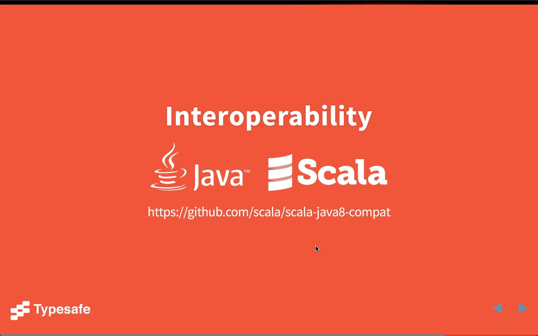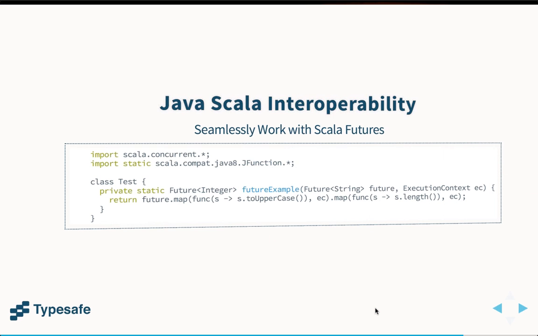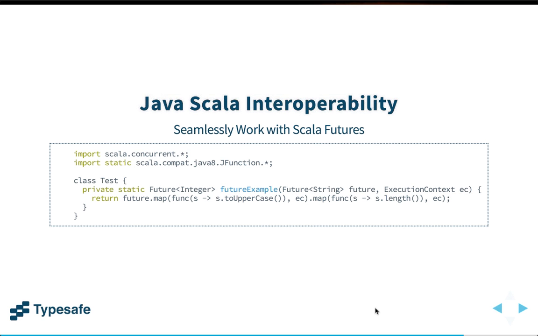I also want to briefly mention the interoperability package that's being worked on right now. It's specifically designed for the futures and completion stages in Java 8 and in Scala, because that's a big part of reactive applications, being able to leverage these. Right now you can seamlessly work with Scala futures from Java.